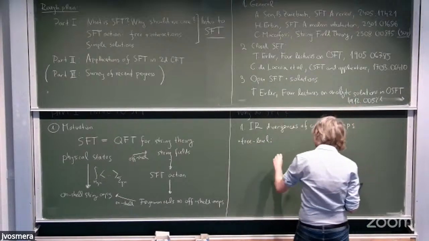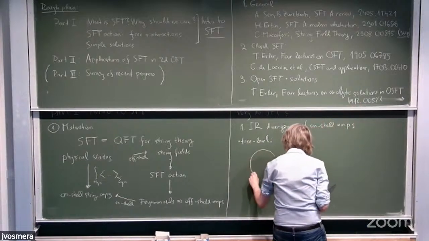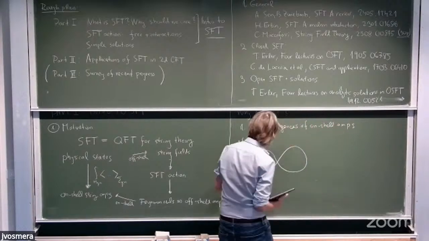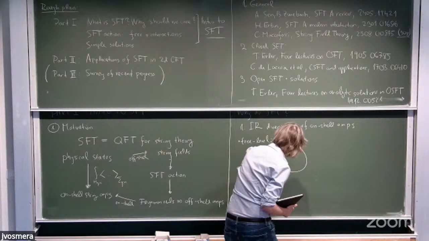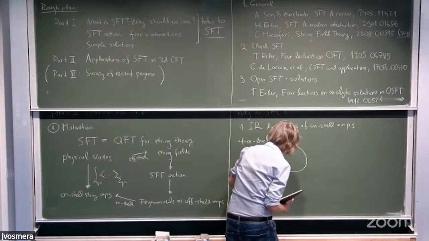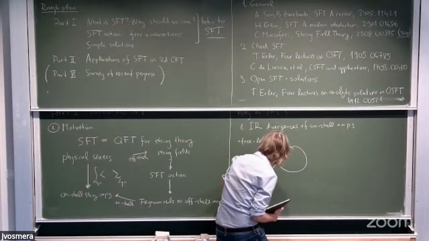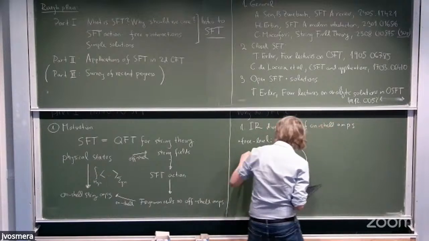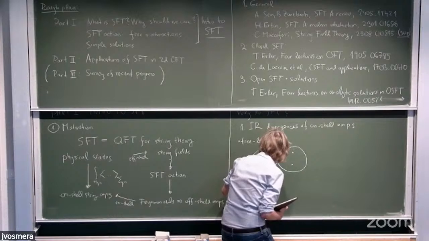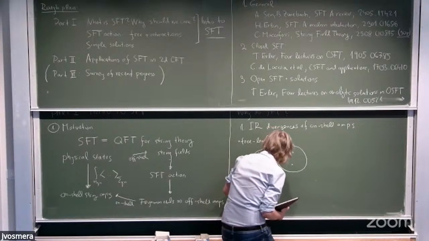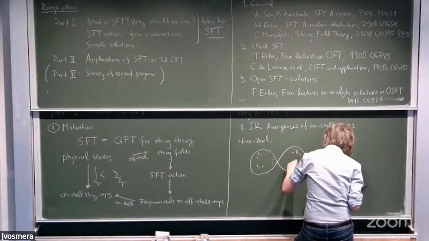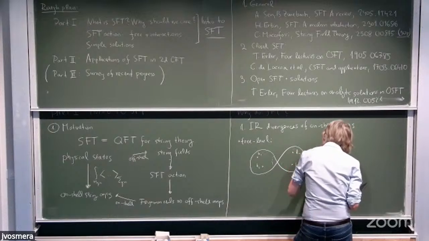So to give you an example where we encounter an IR divergence at specific momenta, let me draw the following Riemann surface. This Riemann surface is supposed to be a Riemann sphere with 4 punctures, at which I'm inserting on-shell states with momenta K1, K2, K3, and K4, which are on-shell.